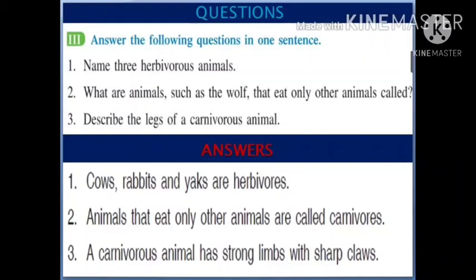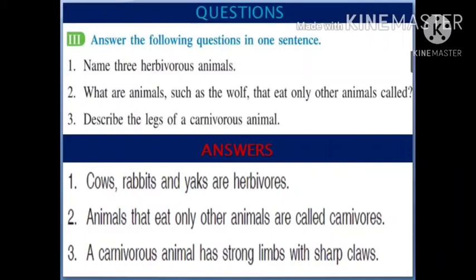You can write any other 3 also, like goats, sheep, buffaloes, etc. Second, what are animals such as the wolf that eat only other animals called? Answer: animals that eat only other animals are called carnivores. You all know that the animals who eat the flesh of other animals are known as carnivores.